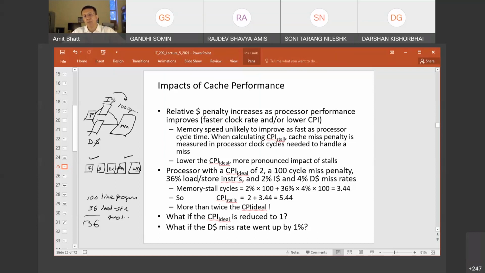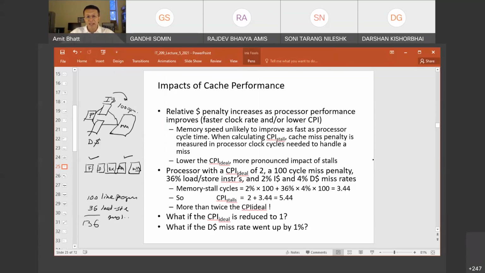And 96% of the time, what my processor wants it will find in the data cache. Now, we may think that this is great, like 98 and 96% hit rate is great. But look at the impact because of this 100 cycle penalty.